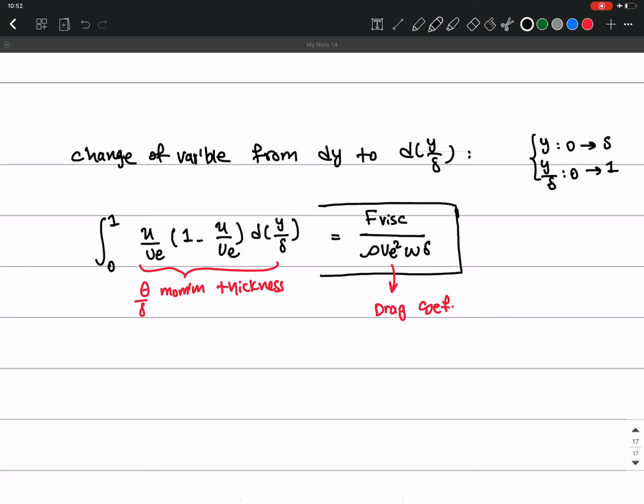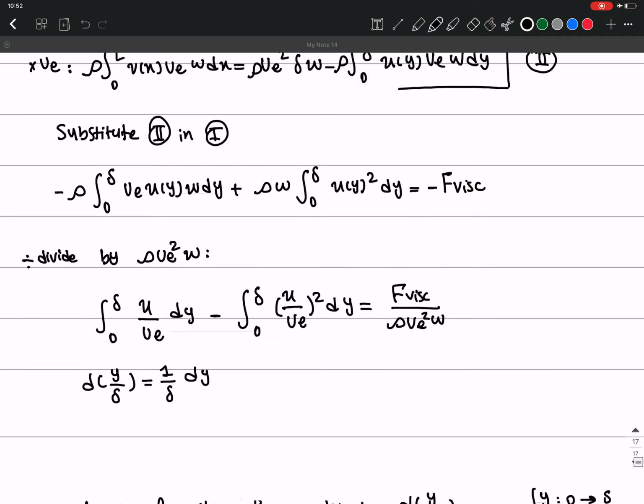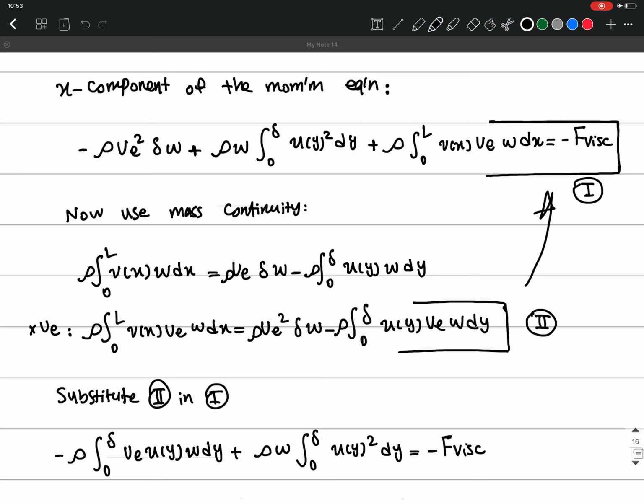We have three unknowns and we only have one equation, because we also used the momentum and mass conservation. We just inserted it into the momentum equation, right? So we use whatever we had, but I want to add one more equation, and the equation I'm going to add is based on the Newtonian fluid assumption.